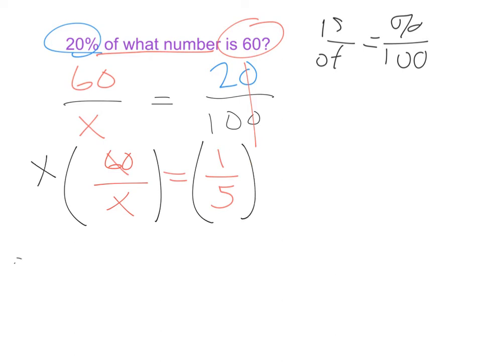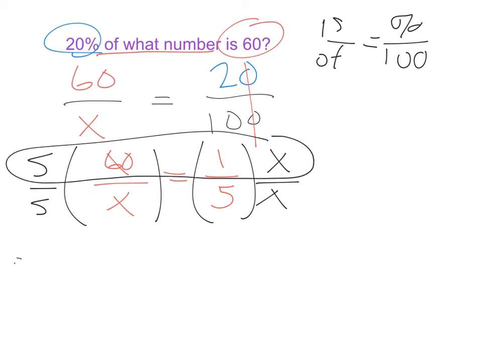We have 5 over 5, x over x. Okay, so just taking a look again at the top, 5 times 60, so 300 equals x. So 20% of 300 is 60.